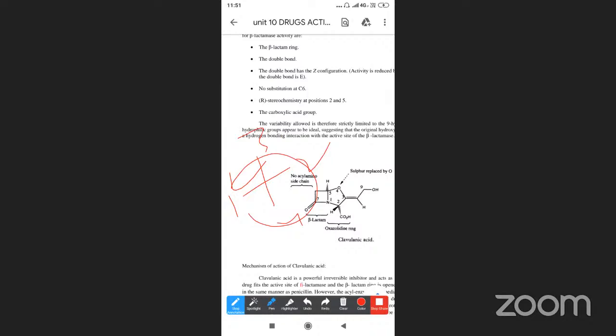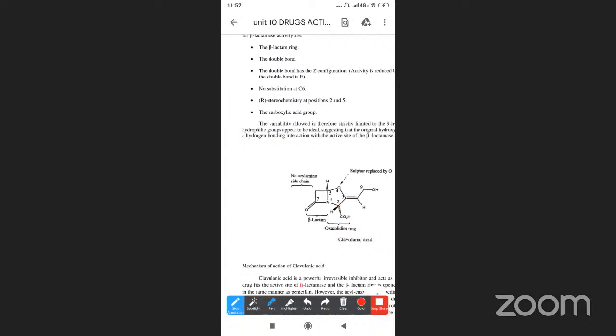If you get the anti-clockwise rotation, then it is S configuration. So when you give the priority numbers according to their molecular weight, it is going to give the R configuration here, and here also the R configuration, meaning both will be in the clockwise direction.